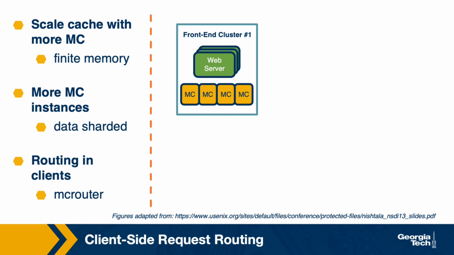Now, remember we had as a design goal to keep Memcache simple. While it is possible to have many different design points, Memcache goes with a design point where the routing decision, the decision to which one of the Memcache instances a request is going to be routed, stays as a responsibility with the client. There is even a so-called MC router component that encapsulates this routing functionality and state.